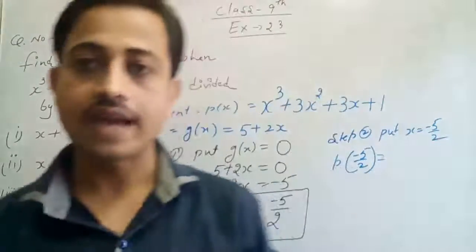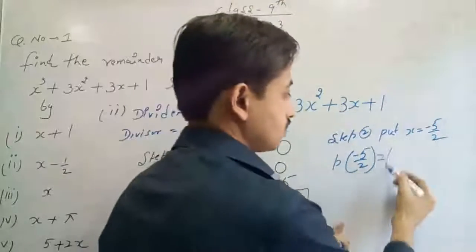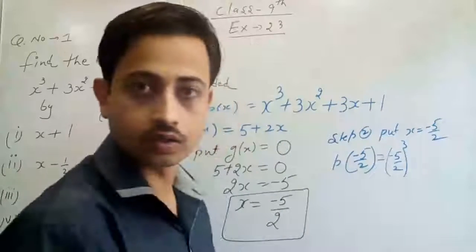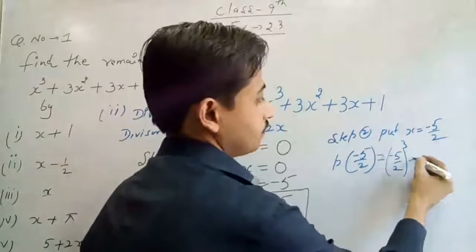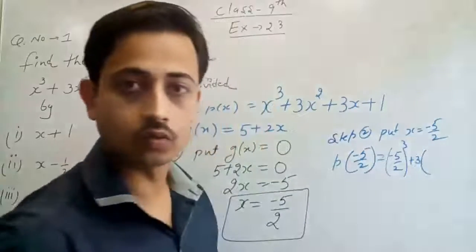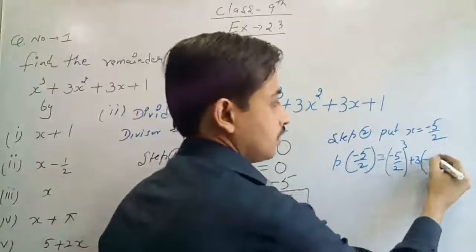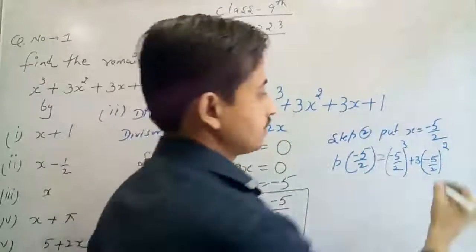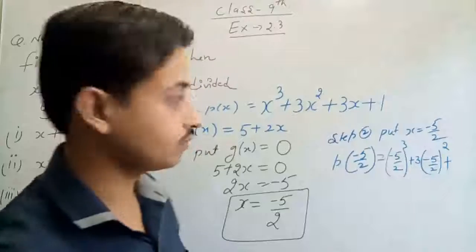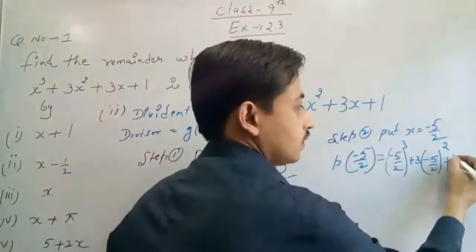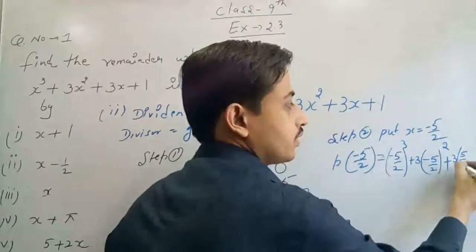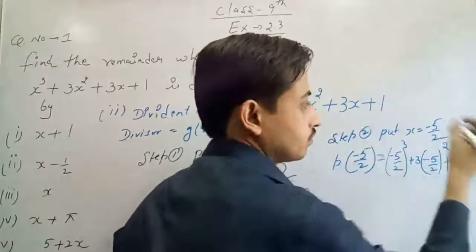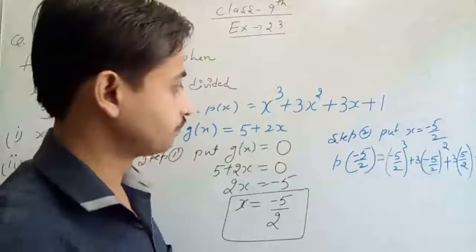The value of x is minus 5 by 2, so we get minus 5 by 2 whole cube, plus 3 into minus 5 by 2 whole square, plus 3 into 5 by 2, and plus 1 as it is. Now solve this further.